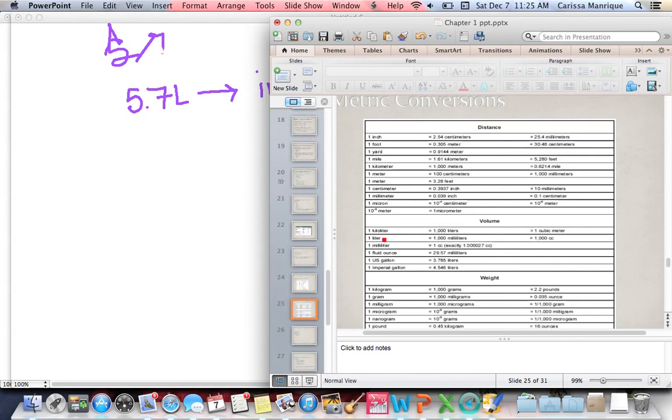We have 1 liter equals 1,000 milliliters, which equals 1,000 cc's, which is centimeters cubed. Basically, 1 milliliter equals 1 cc. And a cc again is a centimeter cubed, and we know that 1 inch equals 2.54 centimeters.